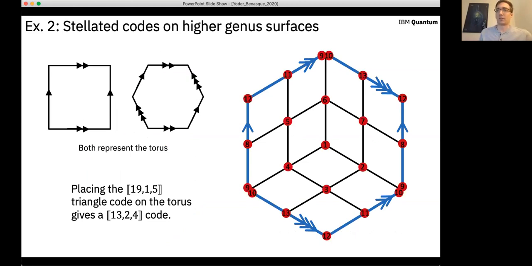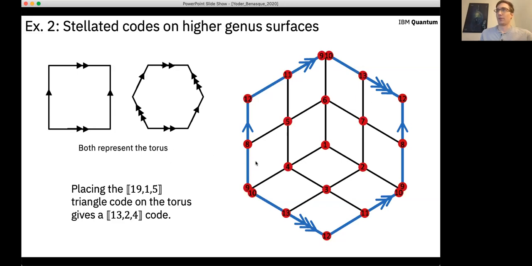To continue with some examples, I mentioned previously the stellated codes, of which the simple triangle code is an example. It turns out that both these fundamental polygons, the square where you identify opposite sides and the hexagon where you identify opposite sides, both represent the torus.